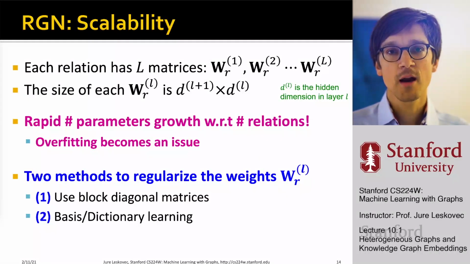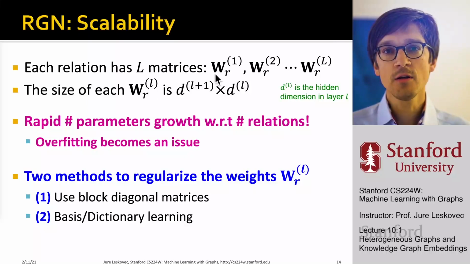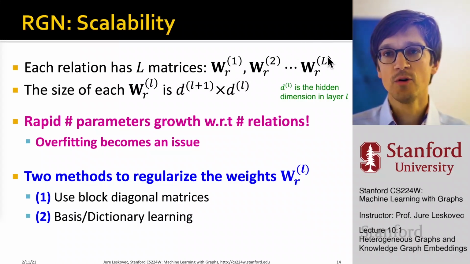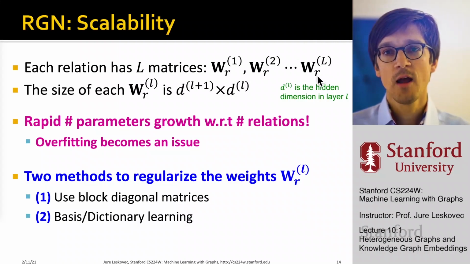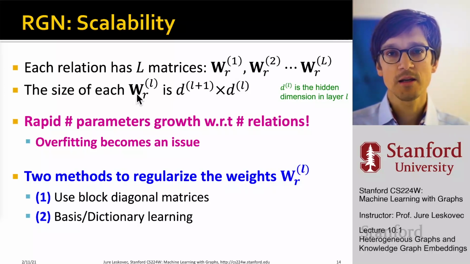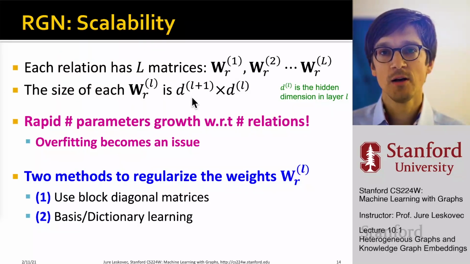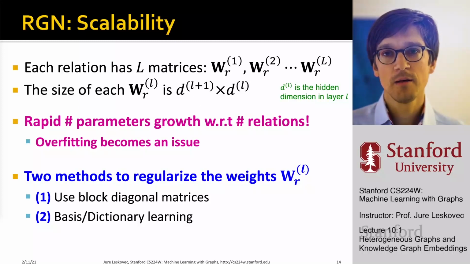The point is now, right, we said that for every relation R, we need capital L matrices, meaning these transformation matrices are different for every layer of the graph neural network, and they are different for every relation. So the problem then becomes, if you ask what is the size of this matrix, the size of the matrix W is simply the embedding dimension on the lower layer times the embedding dimension at the upper layer, right?